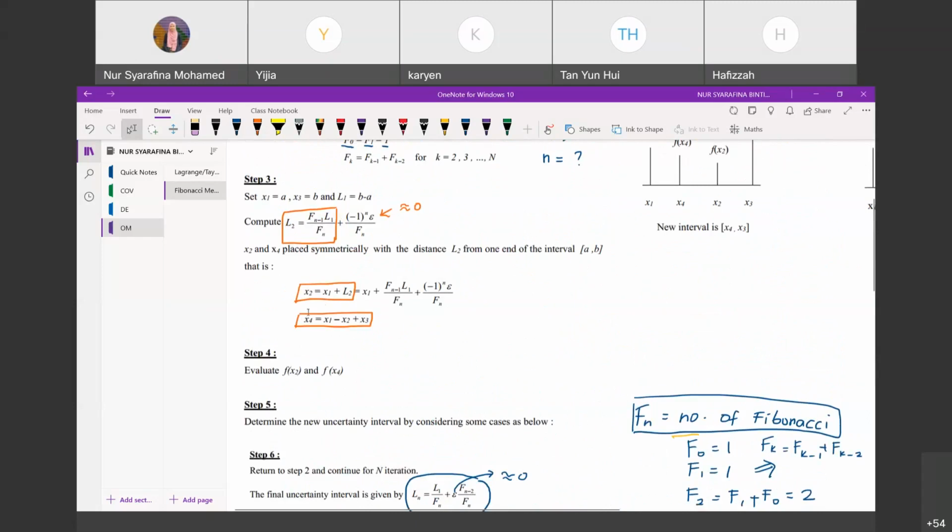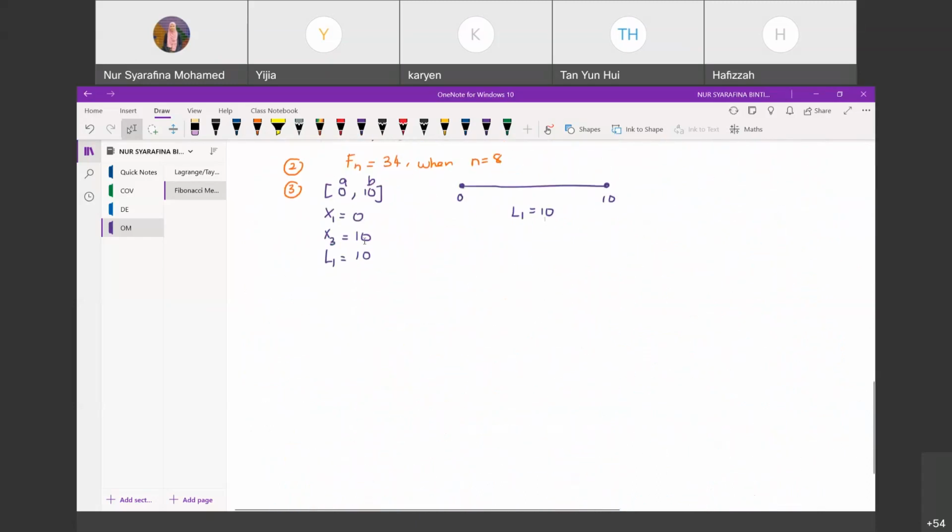What is L2? L2 is given by Fn minus 1 divided by Fn times L1. Fn is what? Fn is 34.